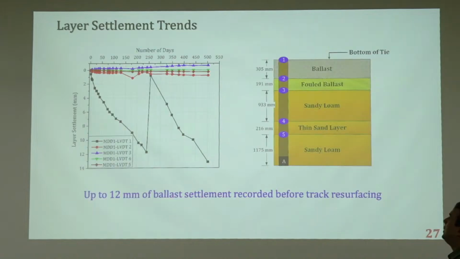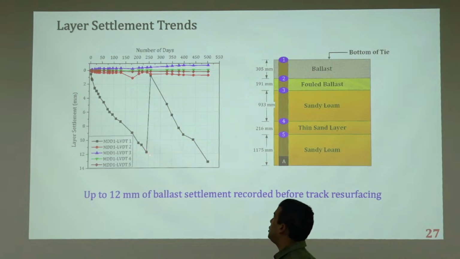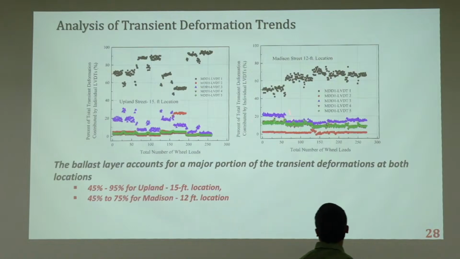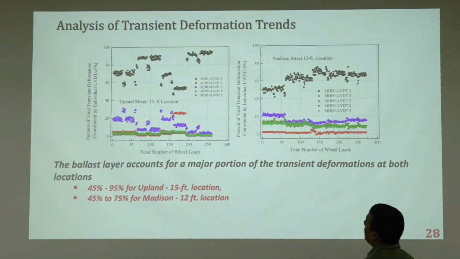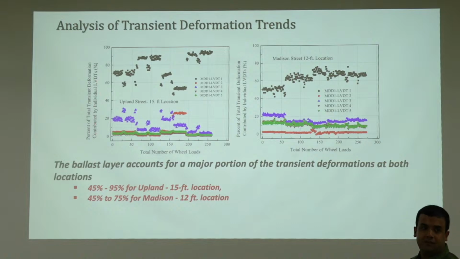Okay, so then I showed you this yesterday. I'm not going to do that again. What I said is there is a lot of permanent deformation, and then they fixed it, another permanent deformation. This is transient, and the y-axis is percent of total transient deformation contributed by individual LVDTs.